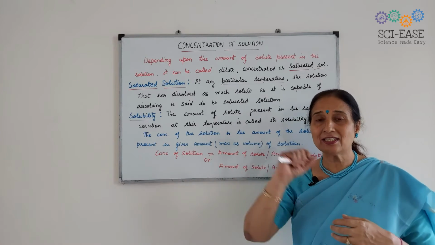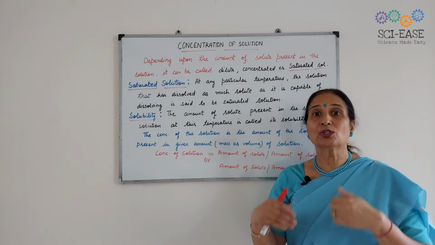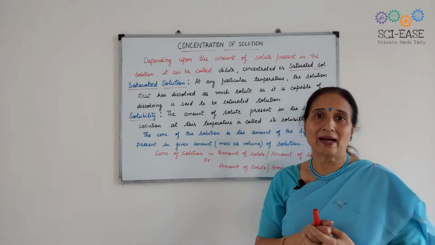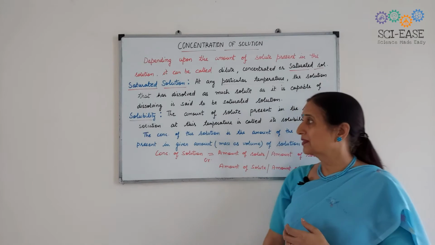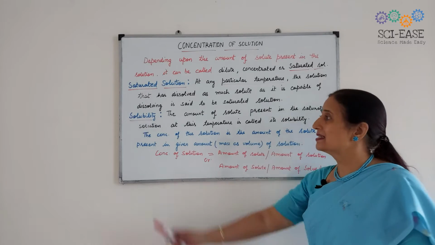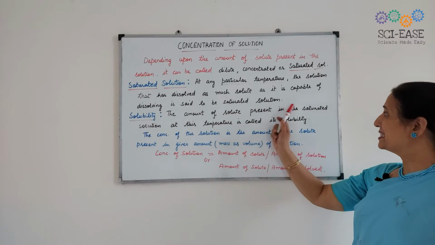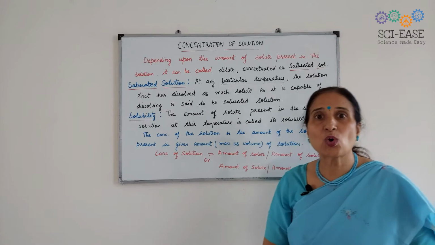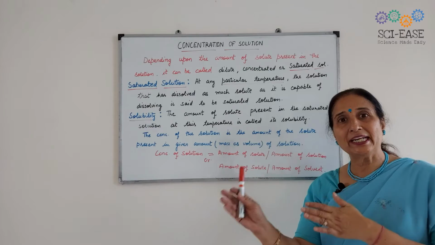But when I heat it, that is, I increase the temperature, more sugar can be dissolved in that solution. The next term I'm going to explain is solubility. The amount of the solute present in the saturated solution at a given temperature is called the solubility of the solution.